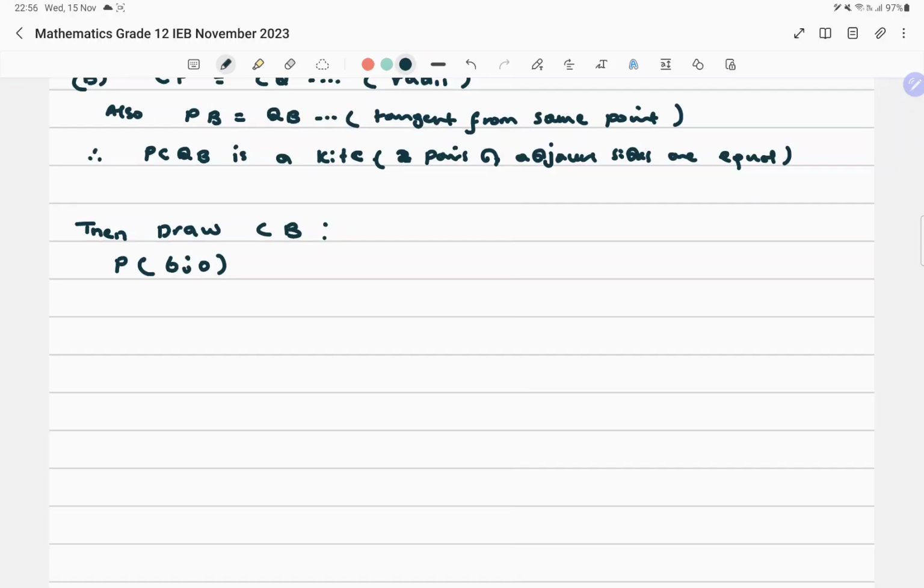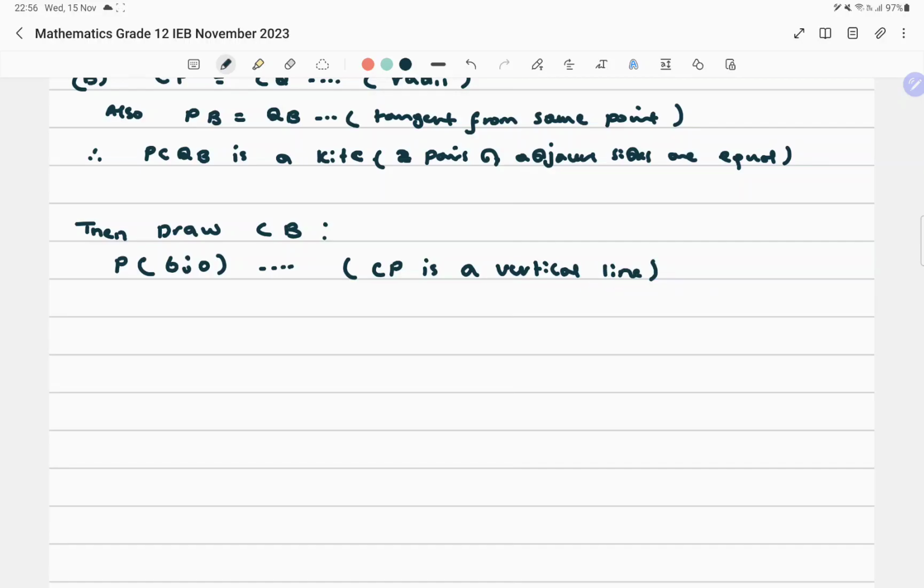So why is it that I know that essentially CP is a vertical line? Okay, maybe I'm giving too many reasons, but I have to. So I'm saying CP is a vertical line.